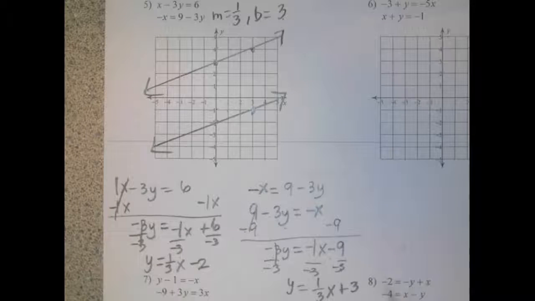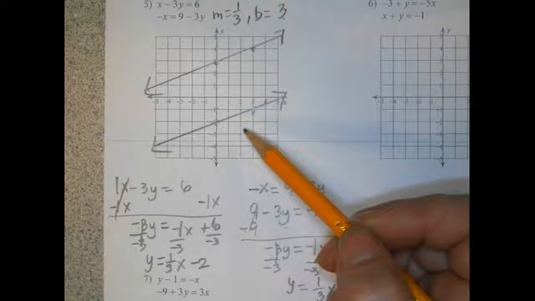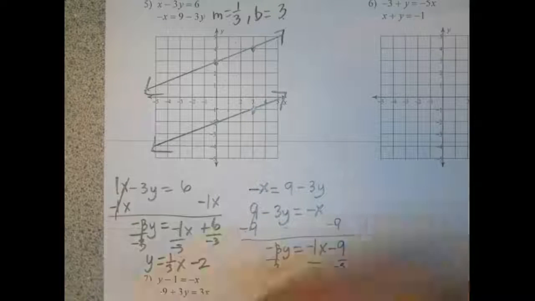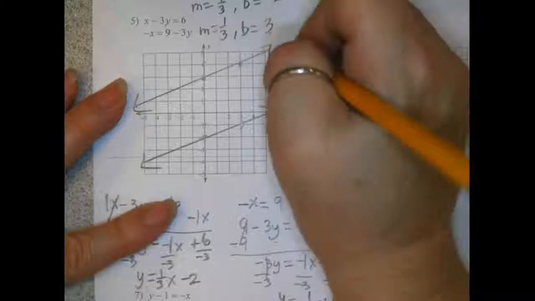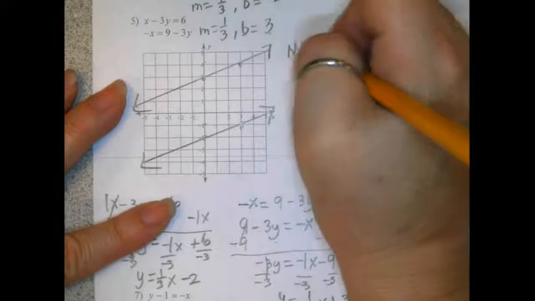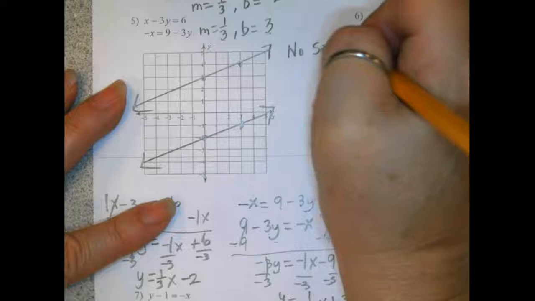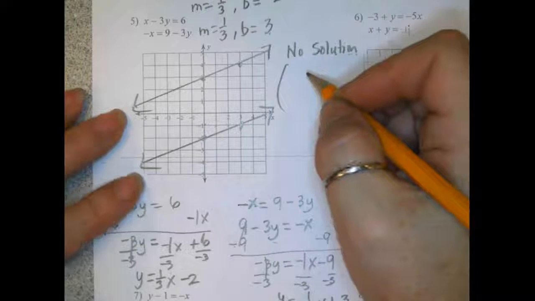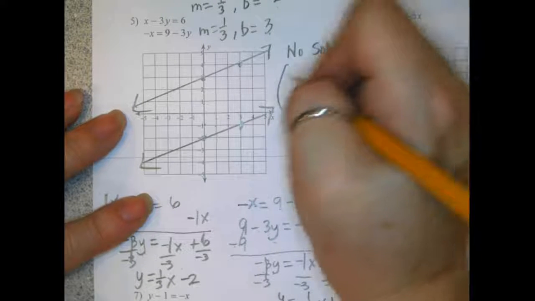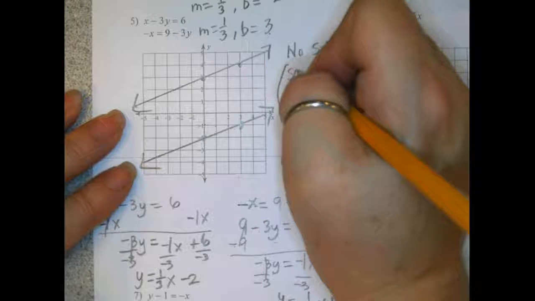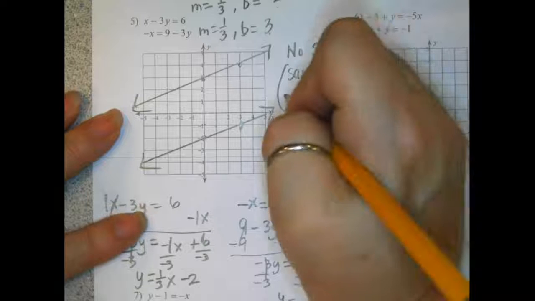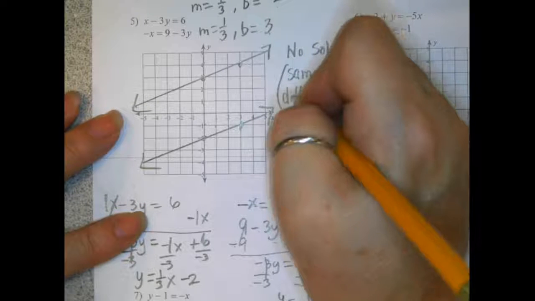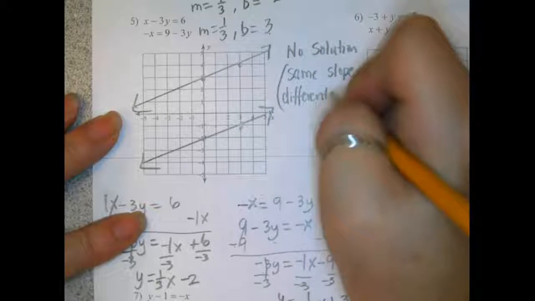In this case, there are two separate lines. They do not touch. They will never touch. So the answer is no solution, because they are parallel. And I know they are parallel because they have the same slope and different y-intercepts.